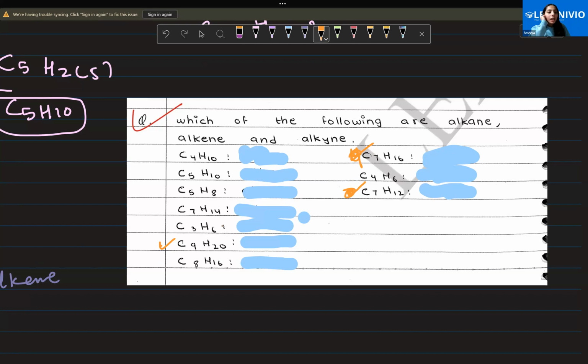Apart from this, if I ask you to draw 2,3 dimethyl butane, will you be able to draw it? Maybe. Okay, I'll give you that in the assignment.